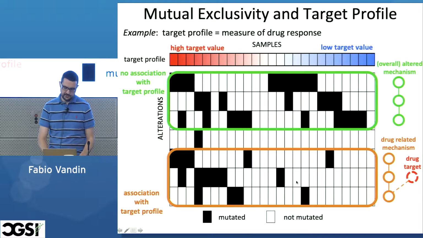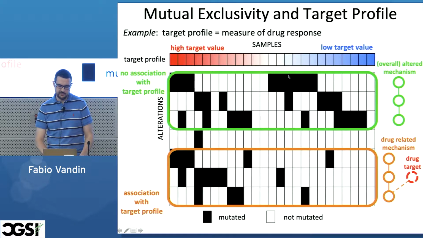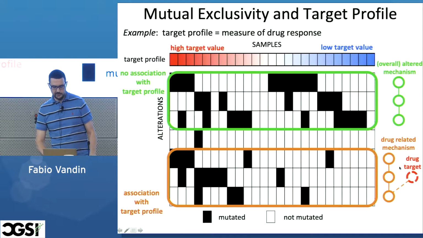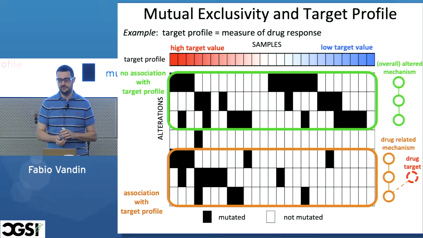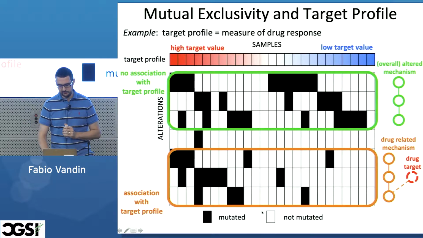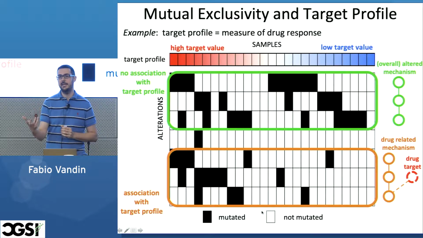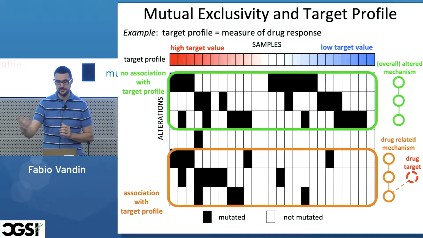So for example, here in orange, we have a set of 3 genes that are associated with a high target value for the samples. The idea is that if we are looking at target profiles that describe drug response, this set of genes may correspond to an underlying mechanism that is driving the response to the drug.